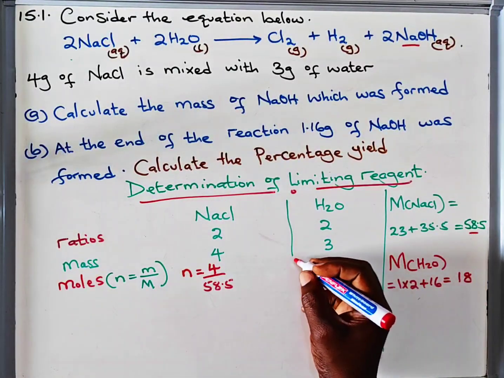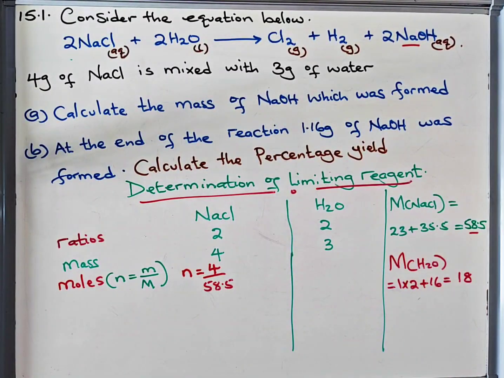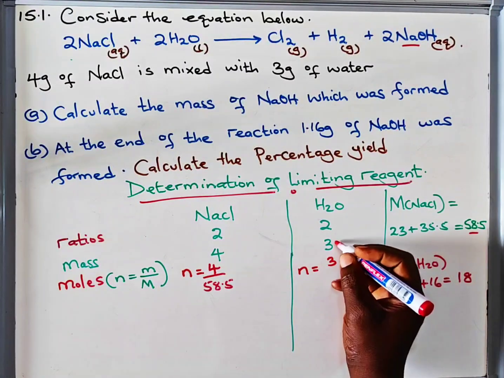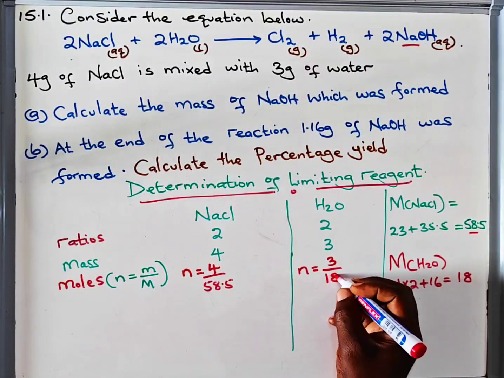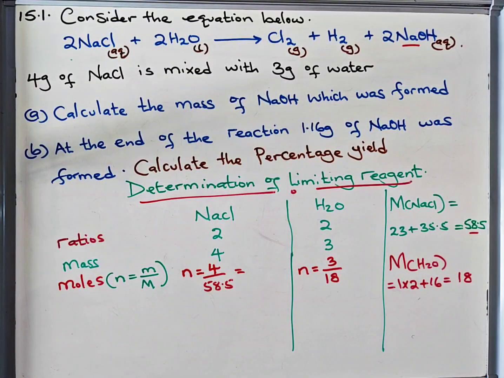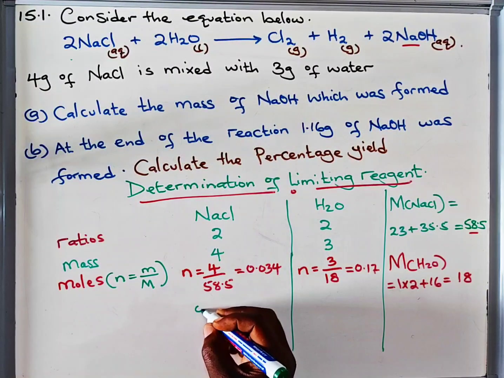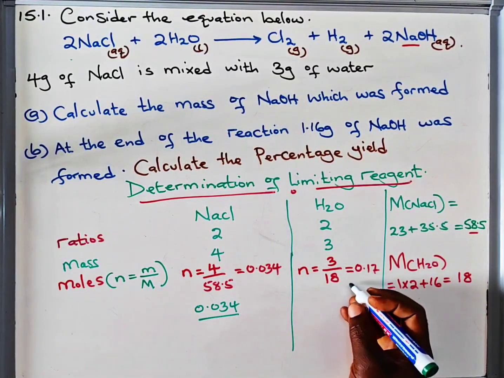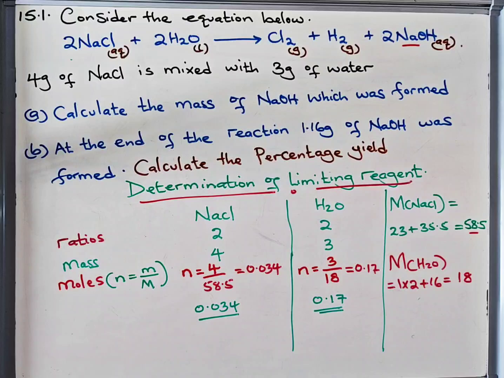This side we do the same. It's going to be 3, which is the mass, divided by the molar mass, which is 18, giving us 0.034 for sodium chloride, and here our number of moles is 0.17.